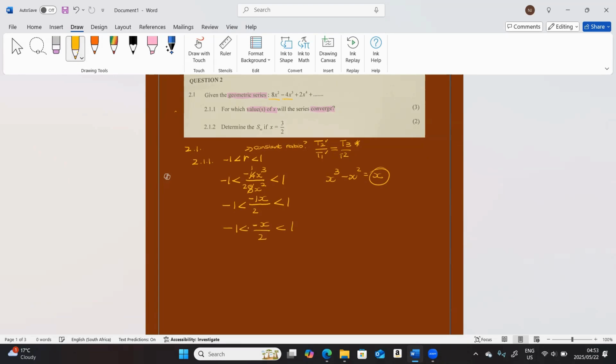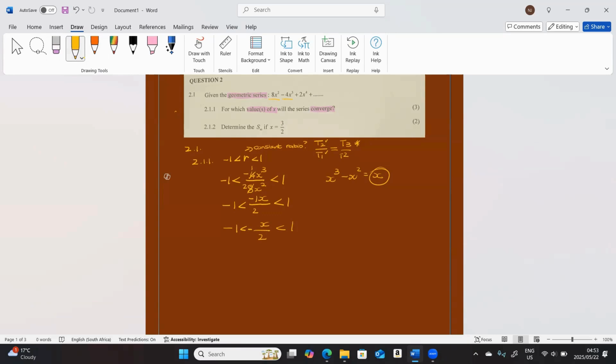It doesn't matter if the negative is over there, as long as your whole term is negative. So you can move the negative around when you have one term. That means the whole term is negative, so it's negative x over 2.